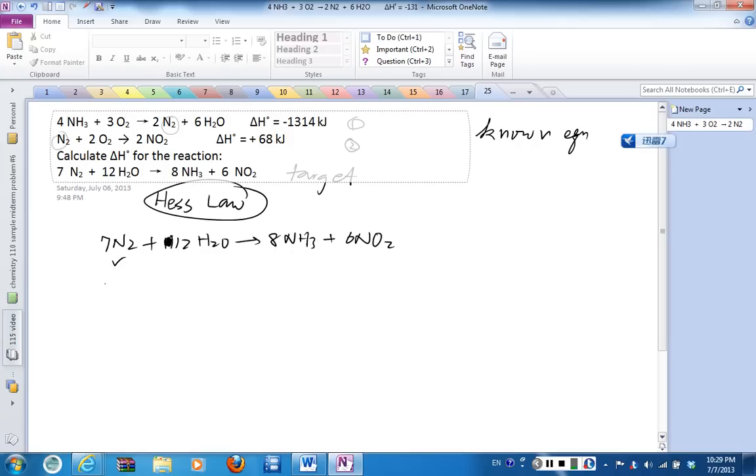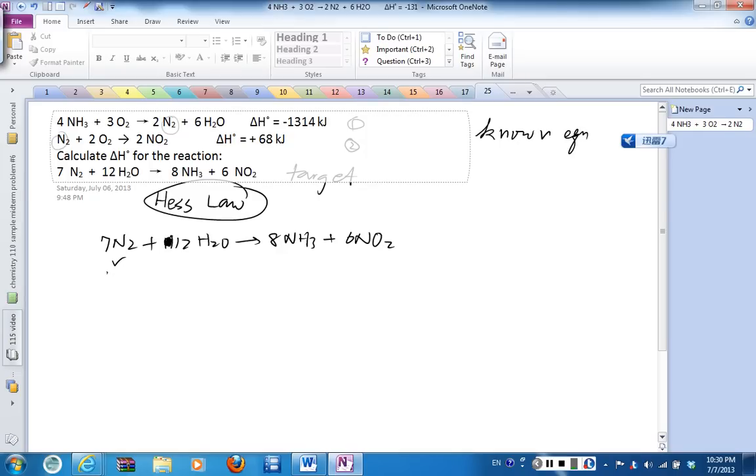Alright, so next, water. Good. Water only shows up in equation number 1. So that means we need to manipulate equation number 1 to match the water in the target equation. Right now it doesn't match. Target equation has 12 water on the reactant side. The known equation 1 has 6 water on the product side. Okay, so we can change that.